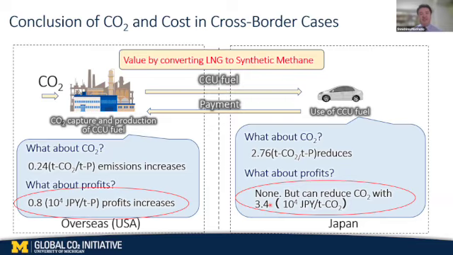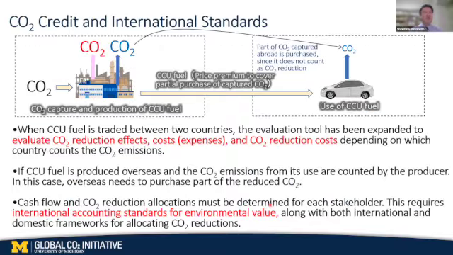And then we can compare. After that, we can discuss what will happen if the US buys CO2 reduction, paying a CO2 credit. Right now, if the CO2 emission from using the CCU fuel is accounted for the US, the US must buy a part of the CO2 reduction from Japan.